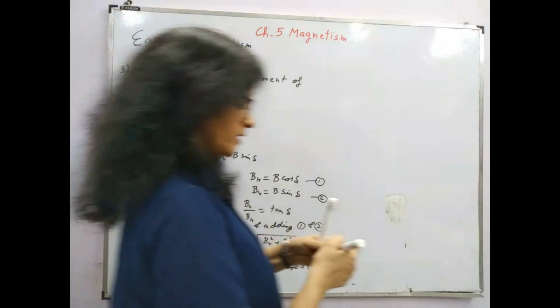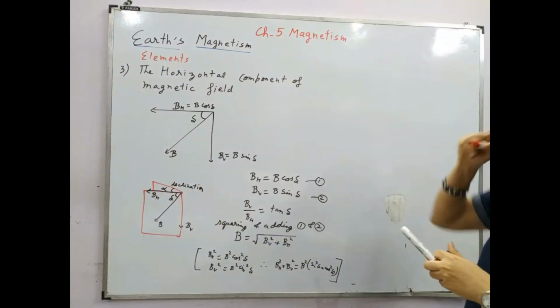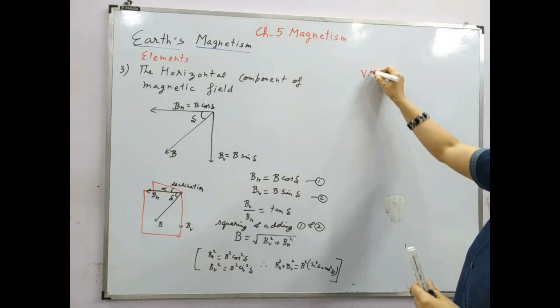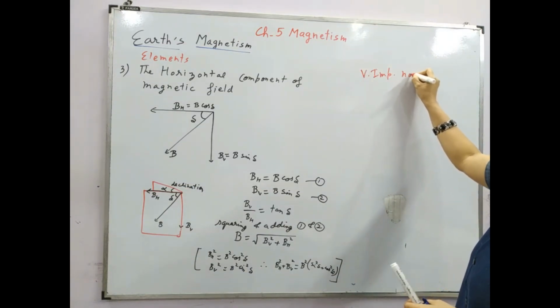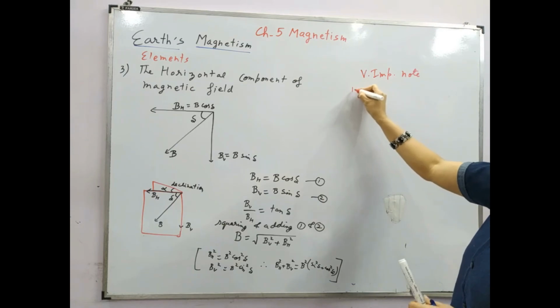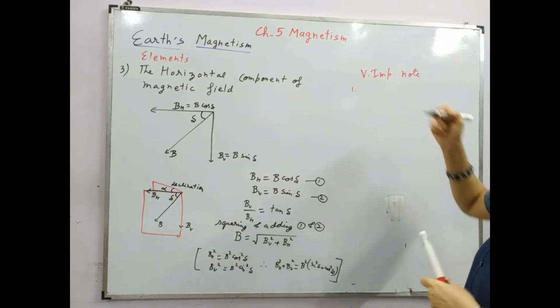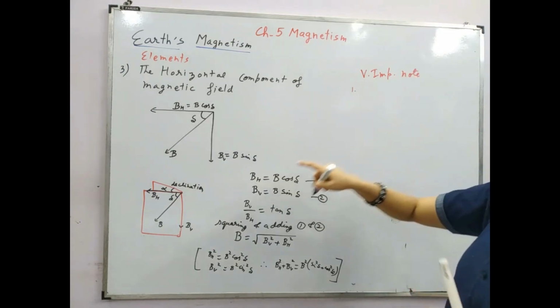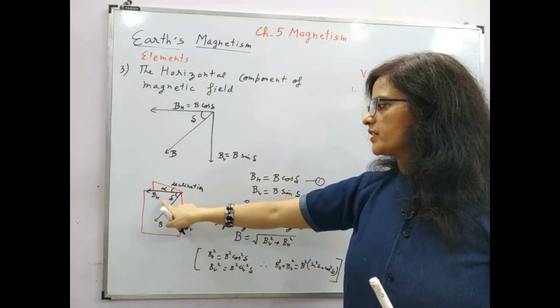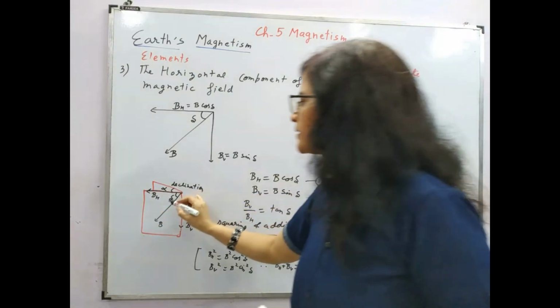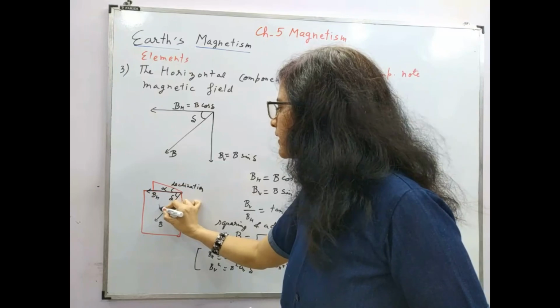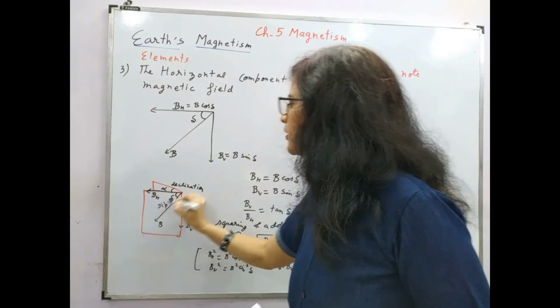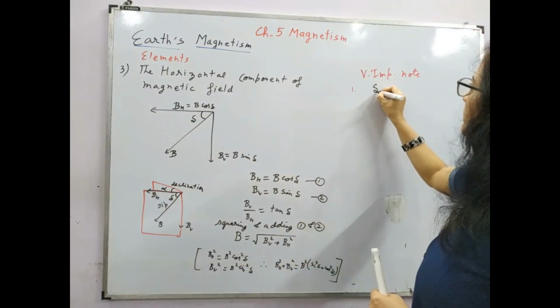Moreover, a very important note over here is about the angle of dip. What is angle of dip? Angle of dip is the angle between the horizontal component and the net magnetic field. So this is the dip angle. So what is the value of dip?